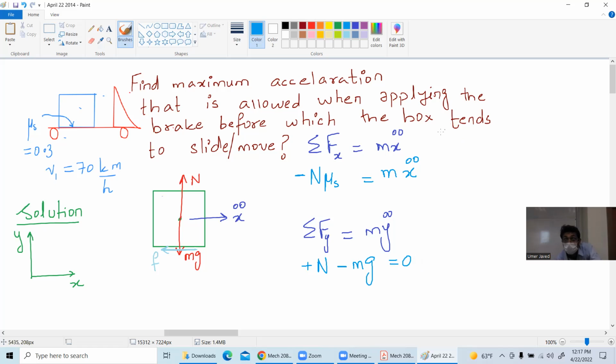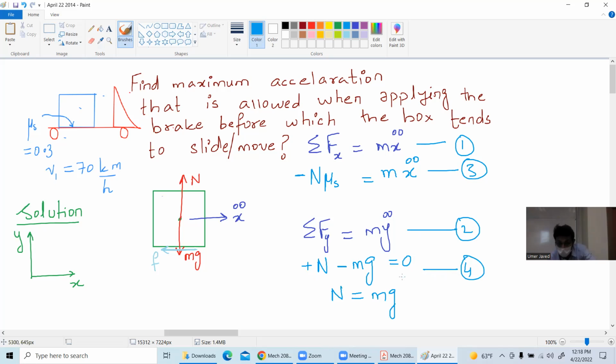So I will call these my equations 1, 2, 3, 4. And N comes out to be equal to mg. So we get minus mg.